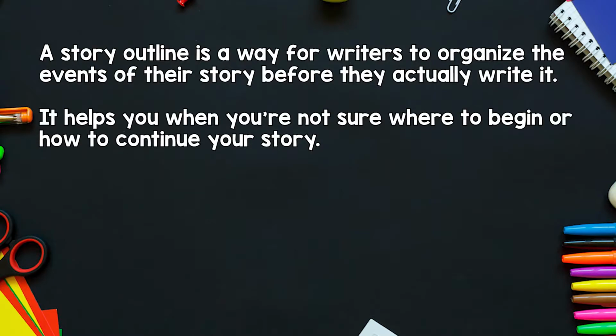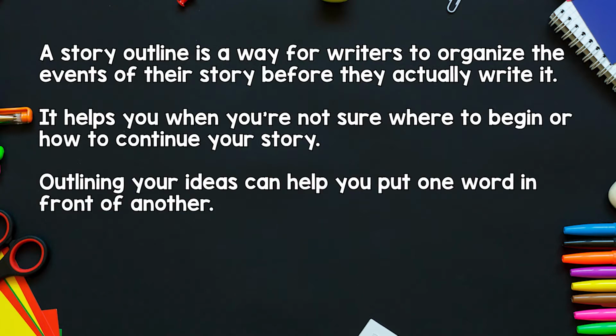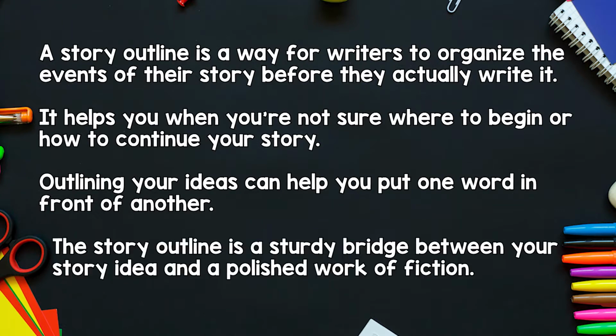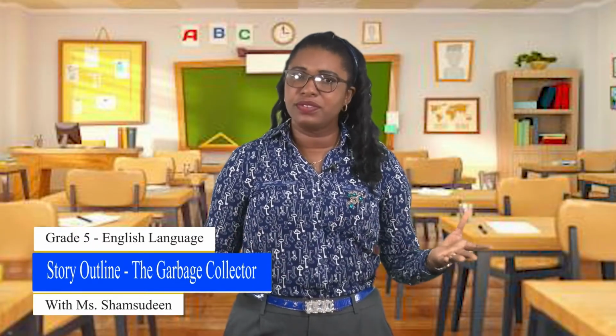It helps you when you're not sure where to begin or how to continue the story. Outlining your ideas can help you to put one word in front of another. The story outline is also considered to be a sturdy bridge between your story ideas and a polished work in writing.